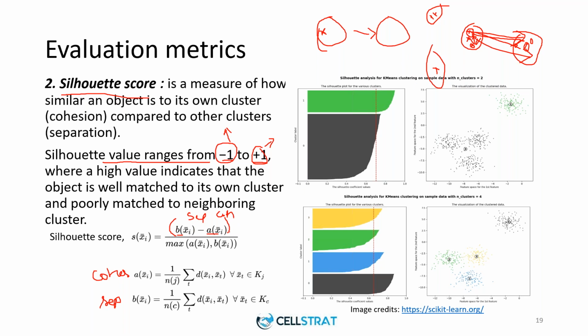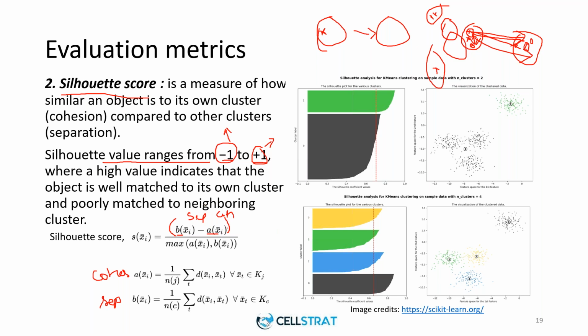But in the other scenario, with two clusters close together, there will be a chance when the cohesion is higher than the separation. Then it means a data point, or data points belonging to one cluster, should have belonged to some other cluster.